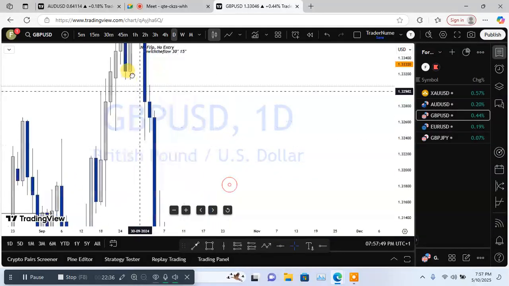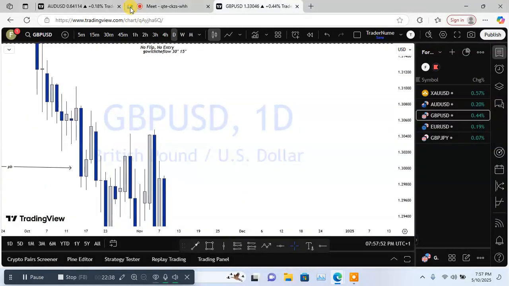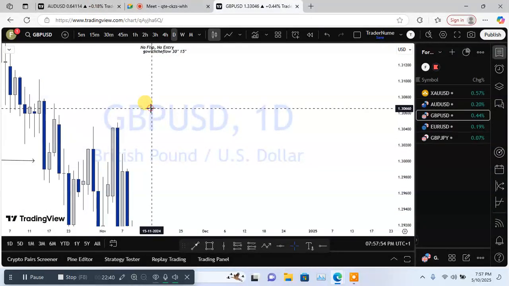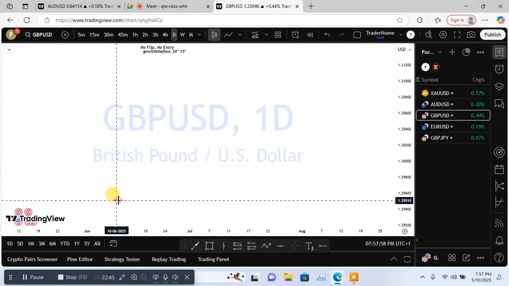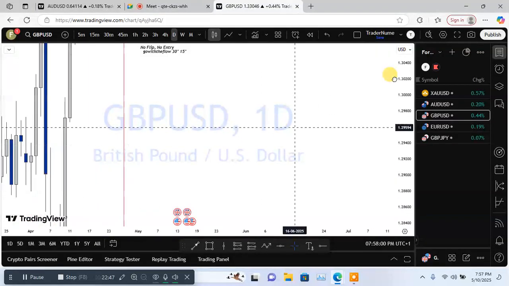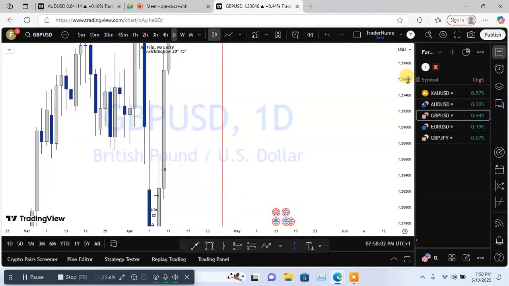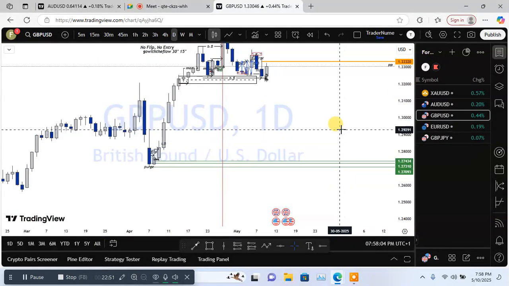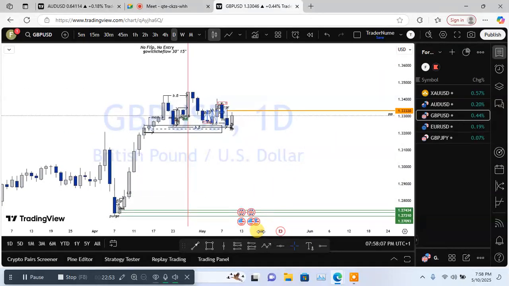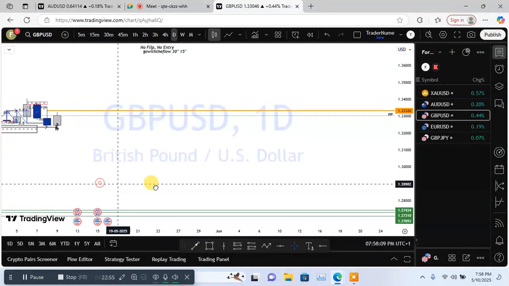The last candle that formed for GU, this is the last candle that formed for last week Friday.